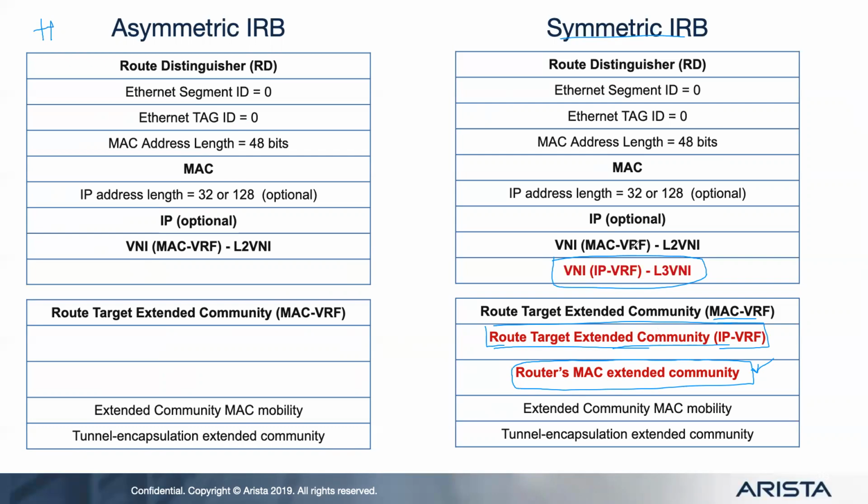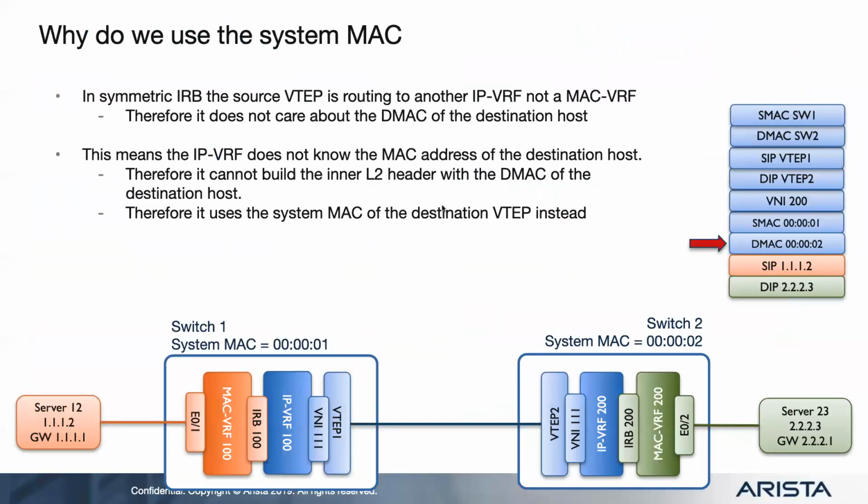That is what you will also send as part of the type 2 update, right? So what information are you adding? When you send the update message from VTEP 1 to 2, one thing you will add is the L3 VNI, that is this VRF VNI 111. You will add the route target of this VRF.